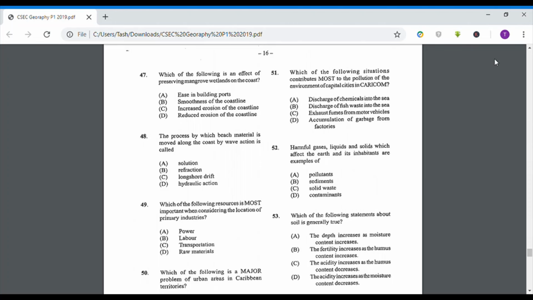So I would probably pick C for the answer. Let's look at D, accumulation of garbage from factories. Not necessarily either, because the majority of cities do not have factories in their central business district. So the answer for 51 would have been C, exhaust fumes from motor vehicles. That would have been the most suitable answer.